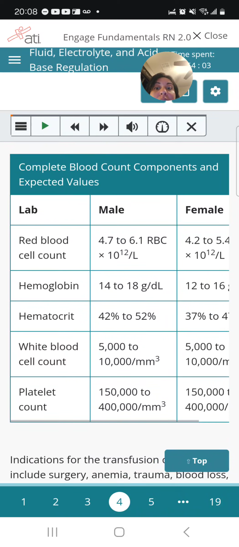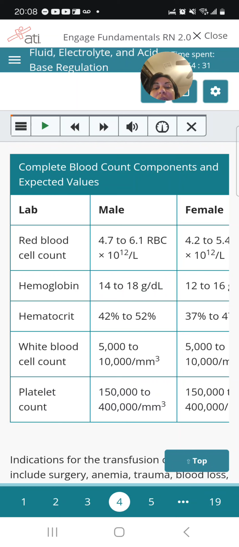Oh, so the labs. Maybe they want us to know the labs. So hemoglobin, we're looking at like 14 to 18. Hematocrit, we're looking at 42 to 52%. White blood count, 5 to 10,000.